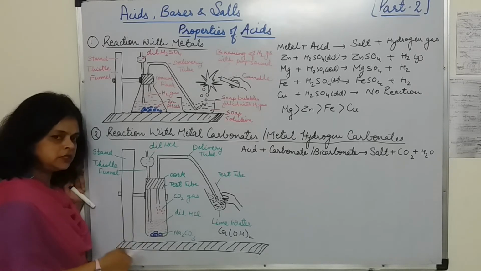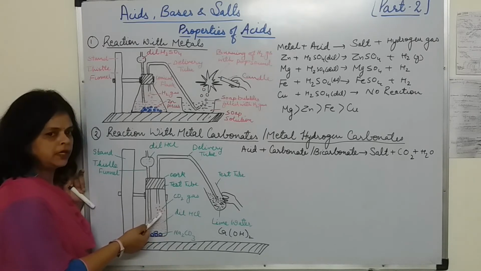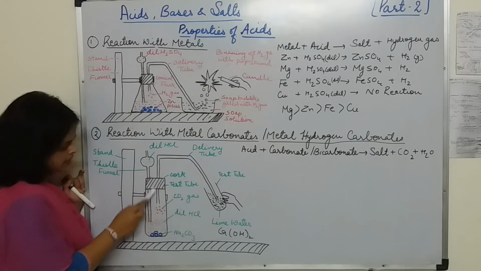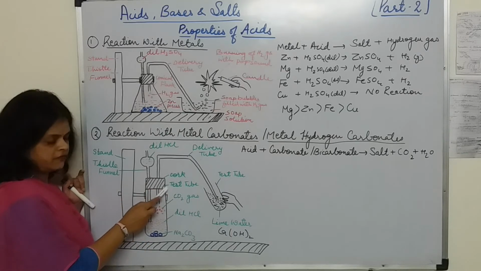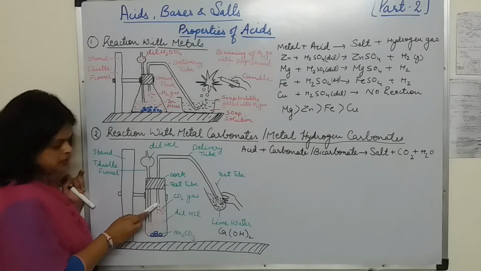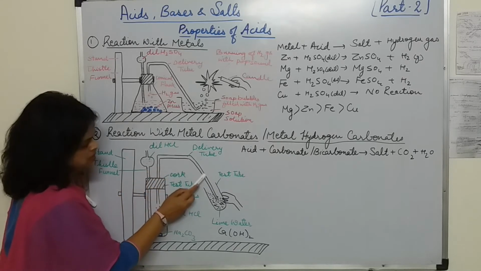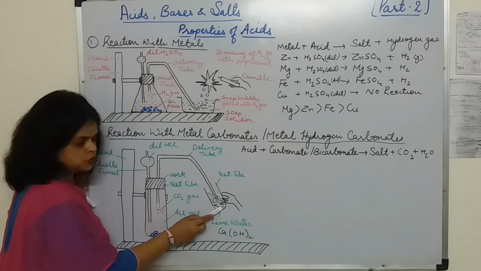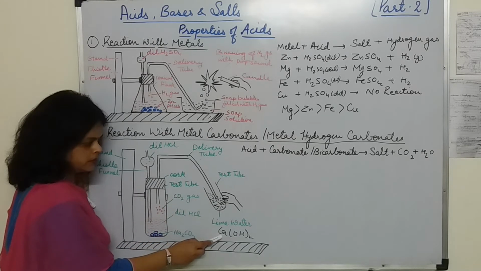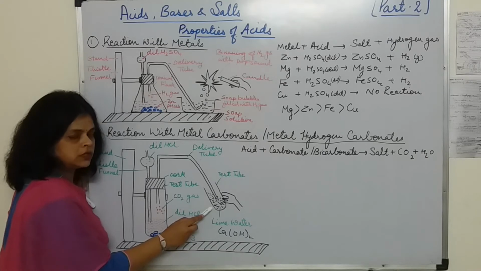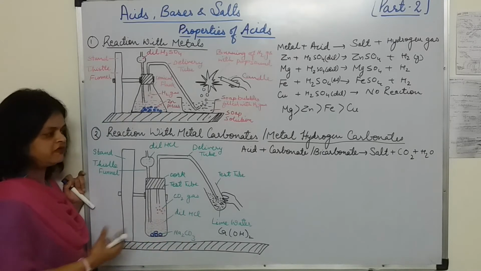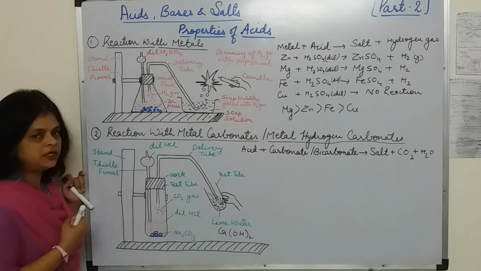When the reaction starts, a gas starts forming. It rises up, and since this is the only exit place, the gas rises in the delivery tube. Through this delivery tube, it is taken into the lime water. Now when you see the lime water, it turns milky. You will find that some white precipitate has been formed.